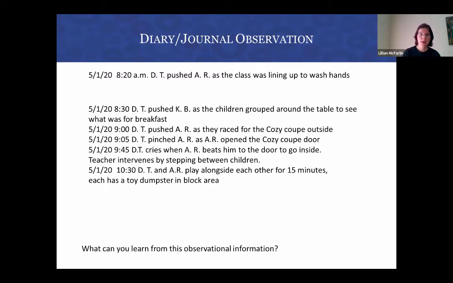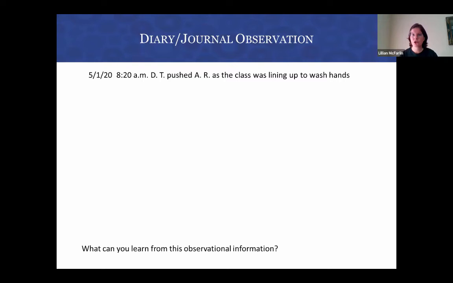Okay, so that shows you what a diary or a journal observation can do for you. If you just have the one entry, it doesn't tell you much. Like Nikki was saying, it just tells you, well, maybe this kid has some sort of emotional issue.